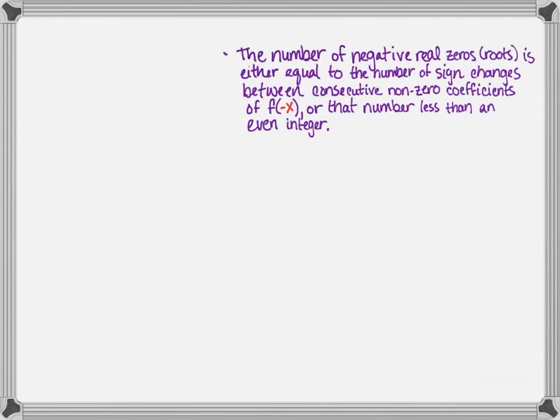And it continues, the number of negative real zeros or roots is either equal to the number of sign changes between consecutive non-zero coefficients of f of negative x, or that number less an even integer. Okay, now that sounds complicated. Let's look at an example.